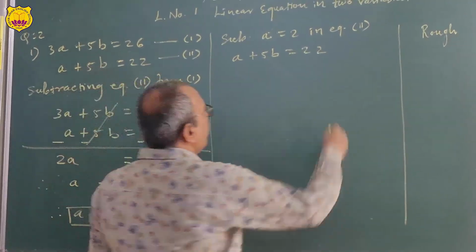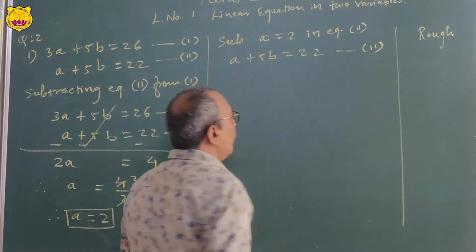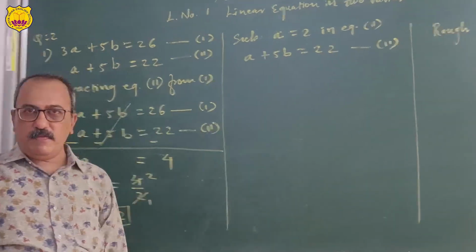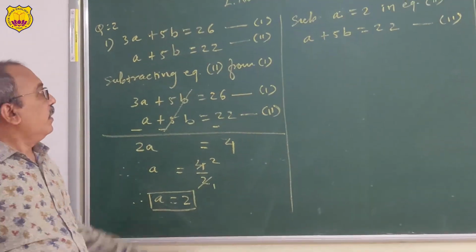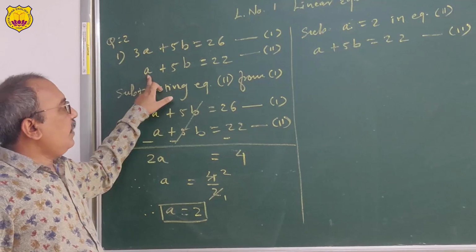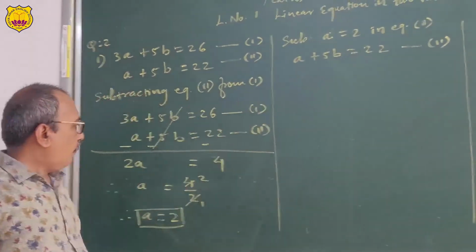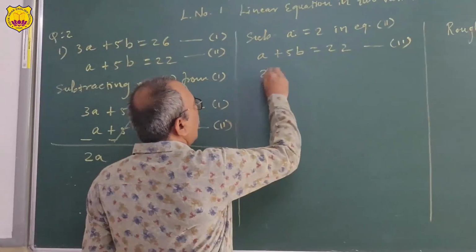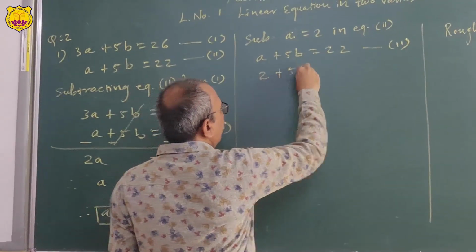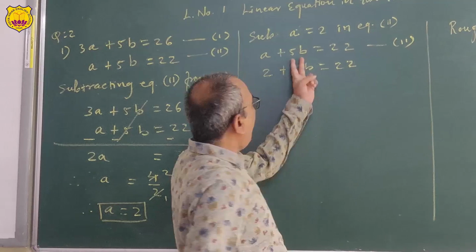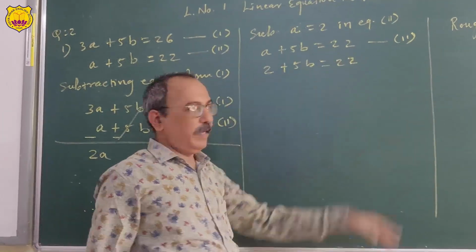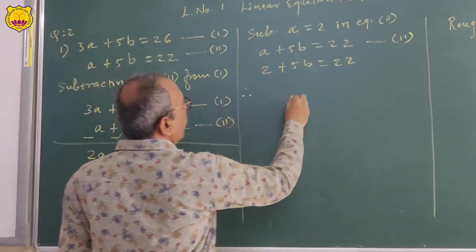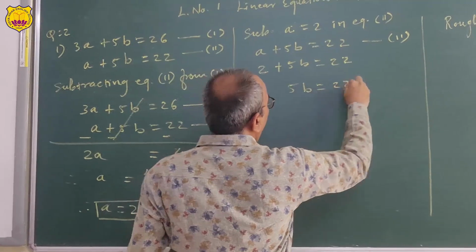This is equation number 2. You can take equation 1 also if you want. Now, in place of a, we will write the value of a, 2. Then remaining things will be same. 5b, 22 will be same. Then 2 plus 5b is equal to 22.